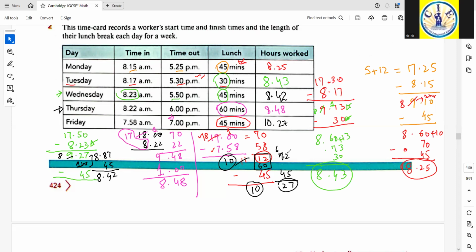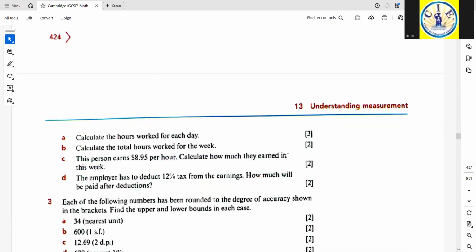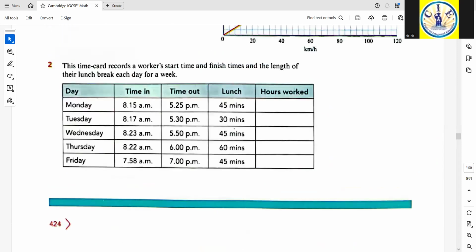Okay. So after this is the next question. Part B. Calculate the total hours worked for the week.